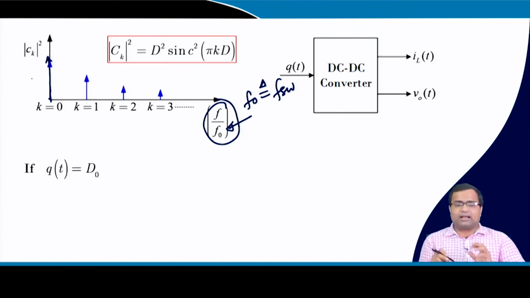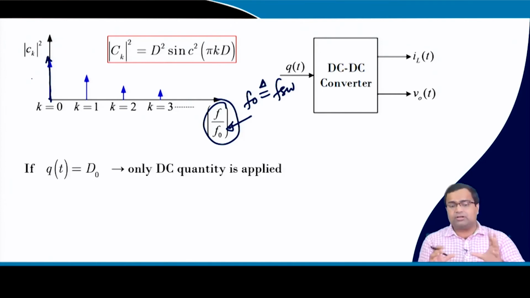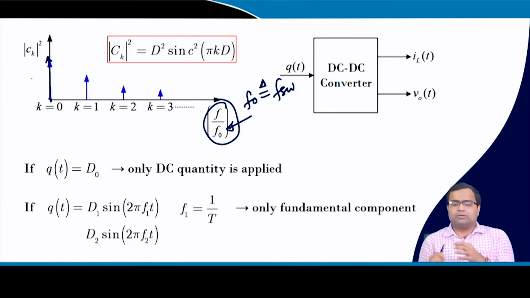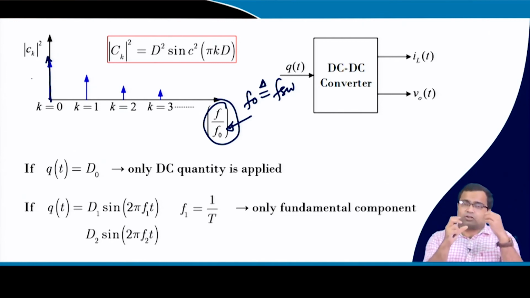Now, in a DC-DC converter, if q equals d0, it only gives us the DC quantity. Then you find d1, the component of the duty ratio or the q at the fundamental switching frequency, and you can also find the higher harmonics. So, we can extract the power corresponding to different components, but you will eventually find the maximum power is retained at the DC component, which is the fixed duty ratio.